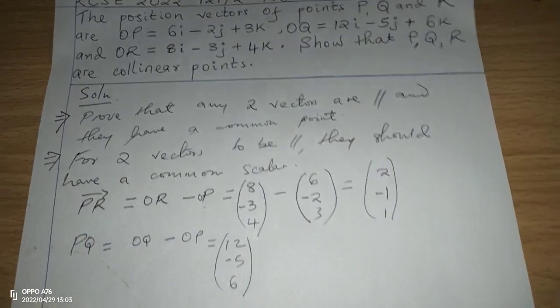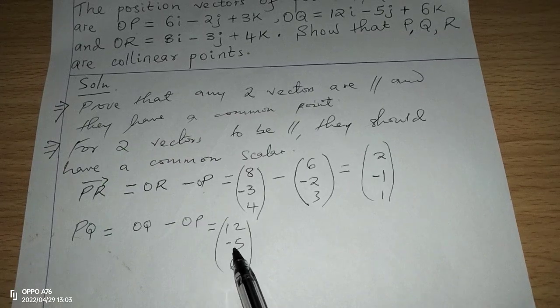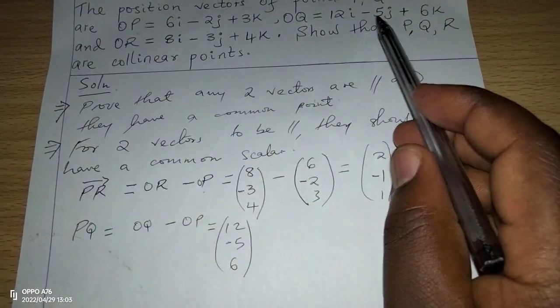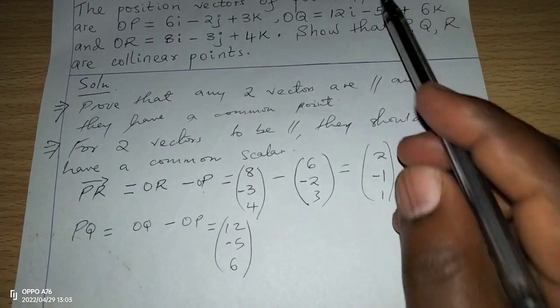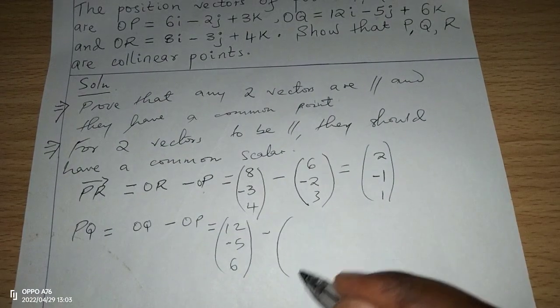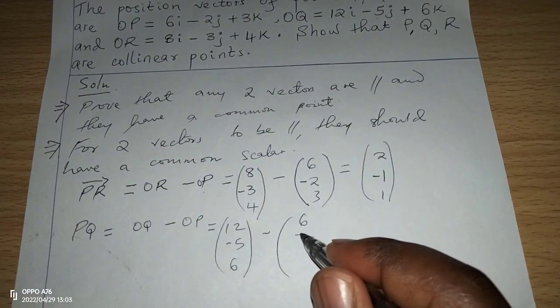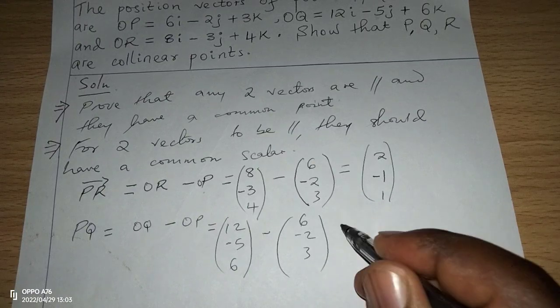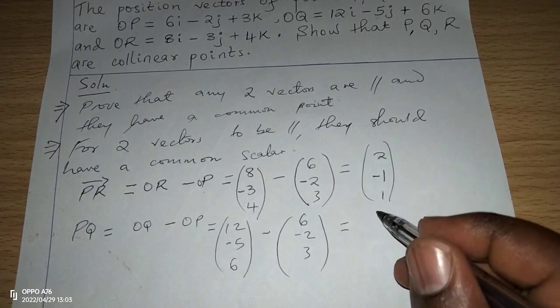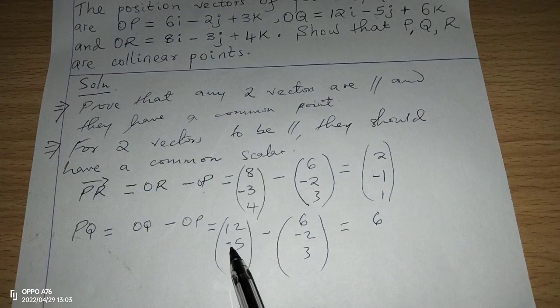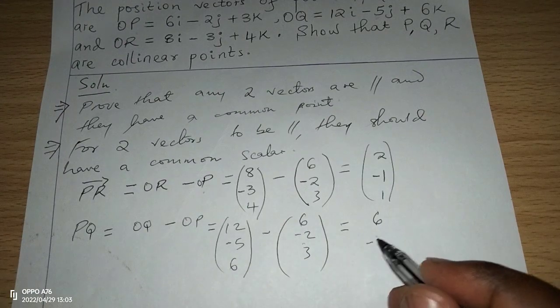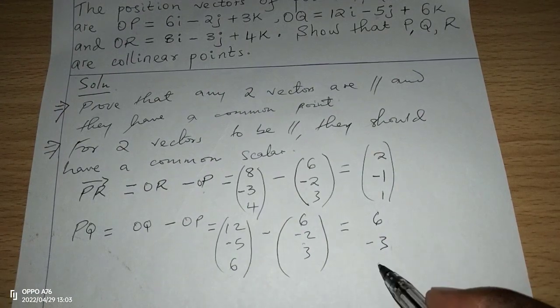On this other side, we are taking 5 together with the sign behind it, such that again we subtract 6, negative 2, and 3. And this will give us 6, negative 3, and 3.